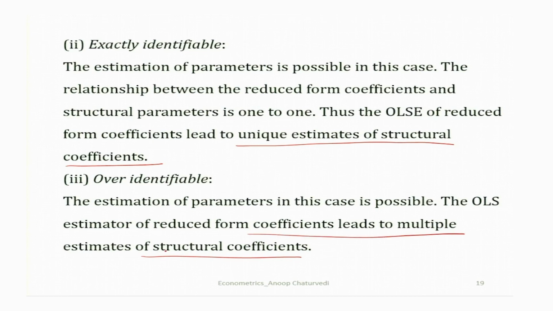So, if you adopt the procedure that first you estimate the reduced form coefficients and then you try to obtain the estimates of original structural parameters by solving the relationships between structural parameters and reduced form coefficients, then it leads to multiple estimates of structural coefficients.